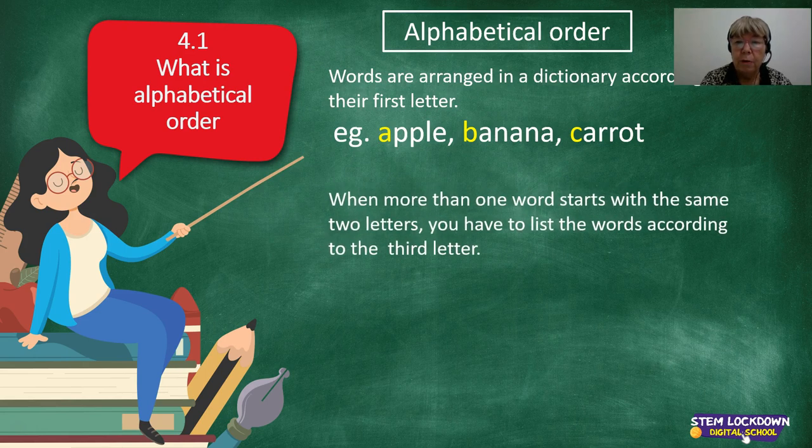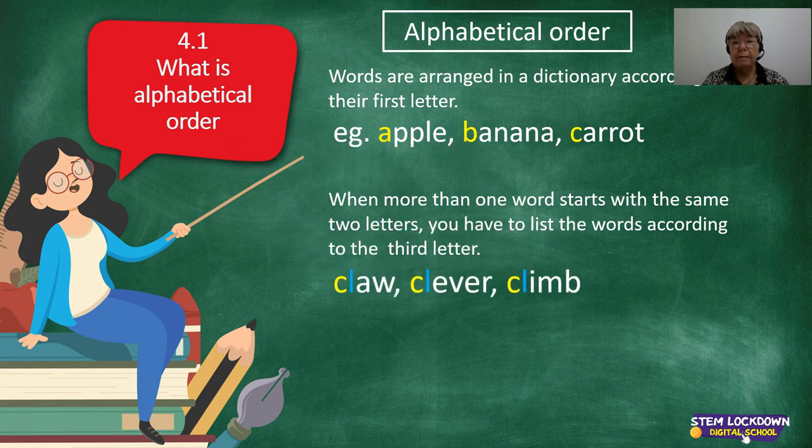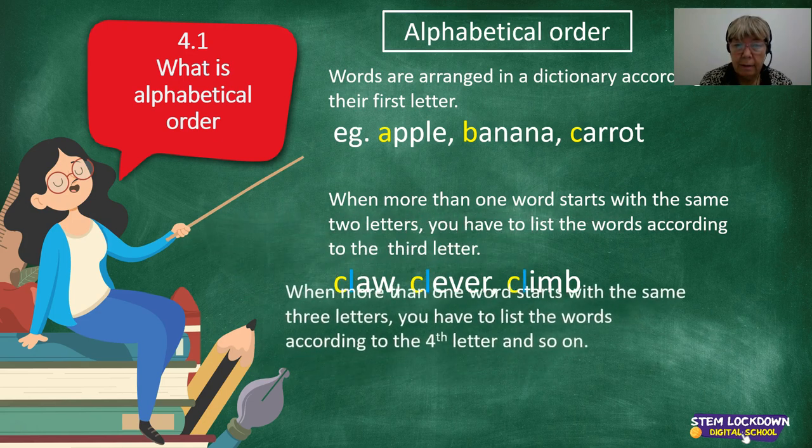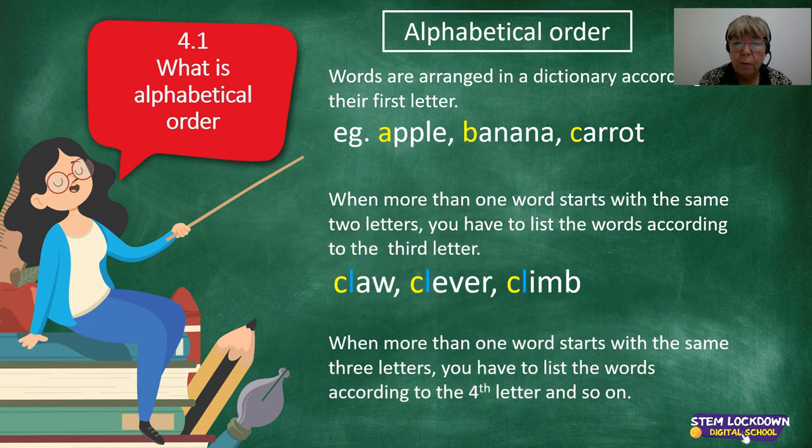When more than one word starts with the same 2 letters, you have to list the words according to the third letter. For example, if all the words start with CL, then we've got to go to the next letter, and in this case, A, then E, then I. When more than one word starts with the same 3 letters, you have to list the words according to the 4th letter.